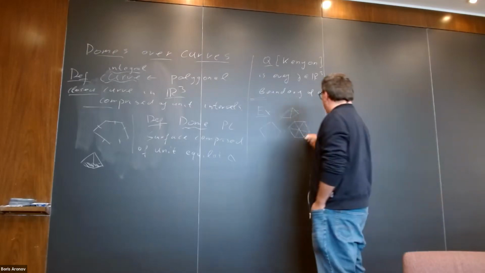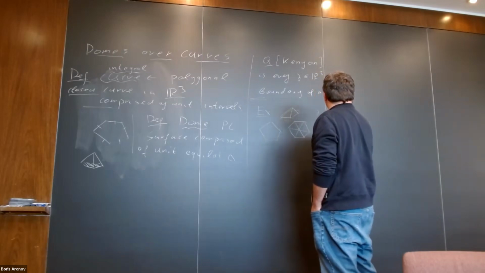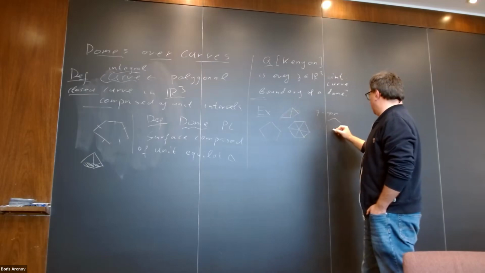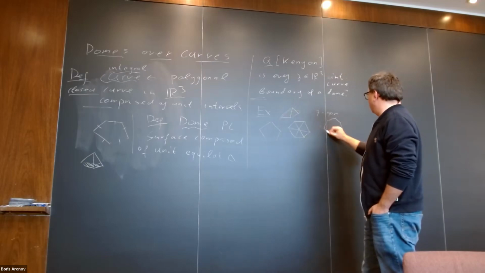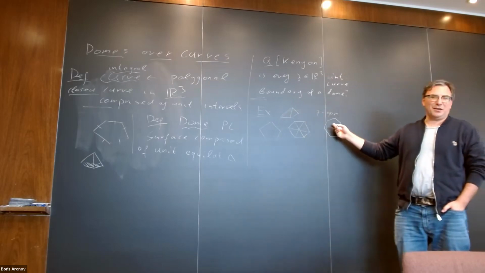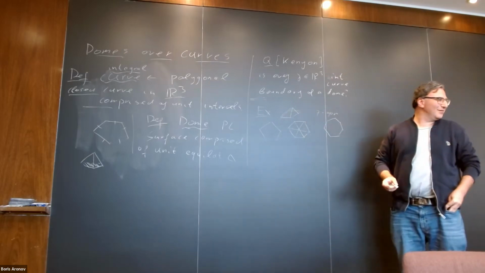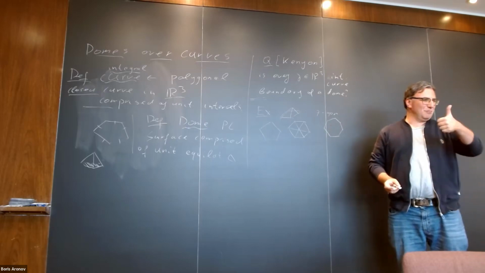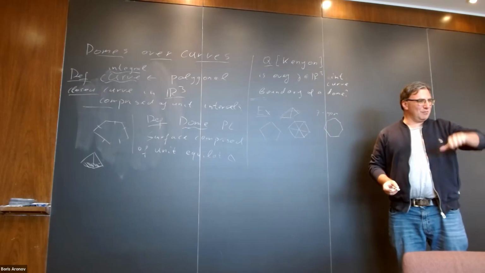And now you get to the 7-gon, which is a little harder to draw. Can you do it that way? Is that a boundary? Yes, no?